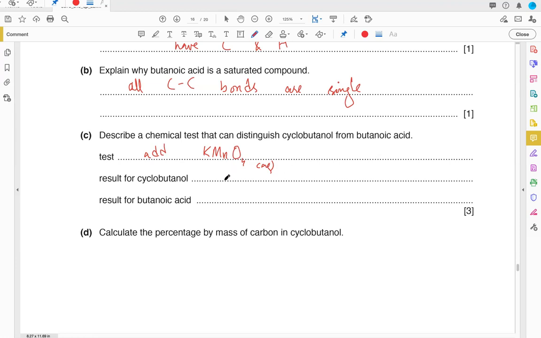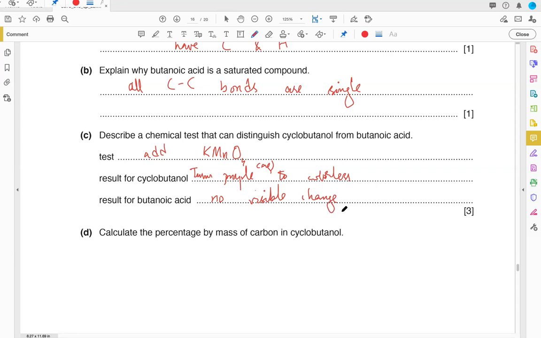It turns from purple to colorless because it has reacted and oxidation has occurred. But with the acid there is no visible change, or the color remains purple. Okay, so that's one difference we can see.